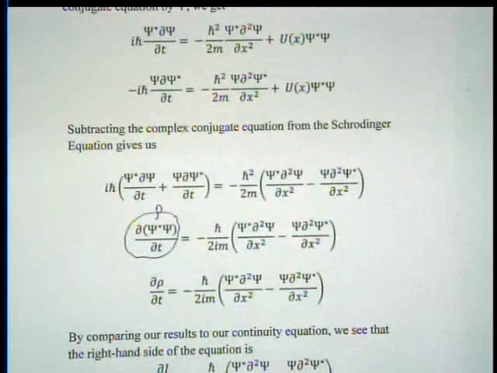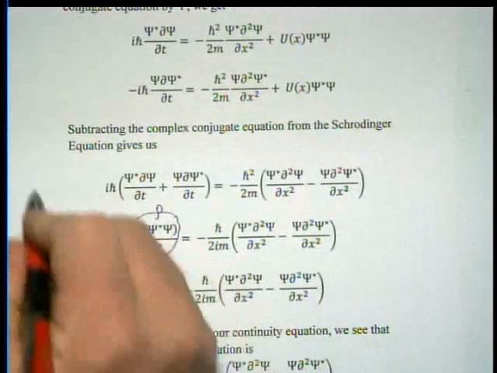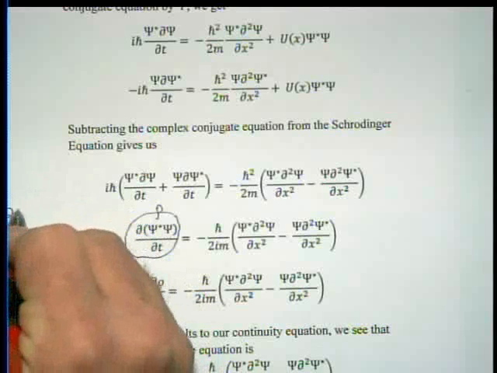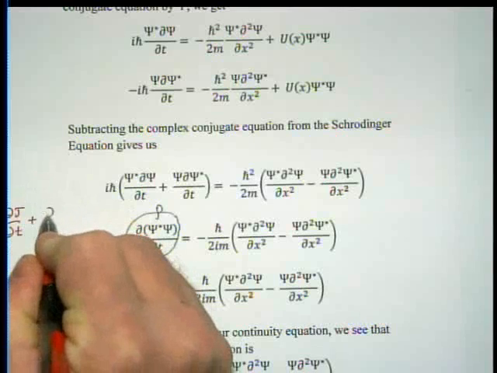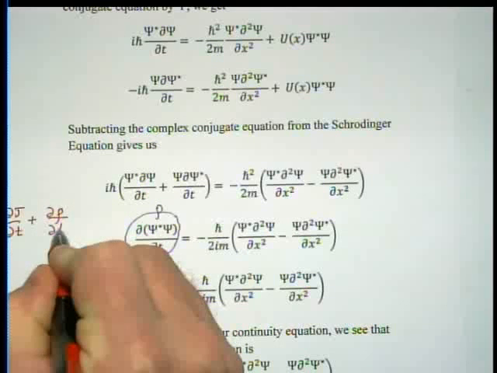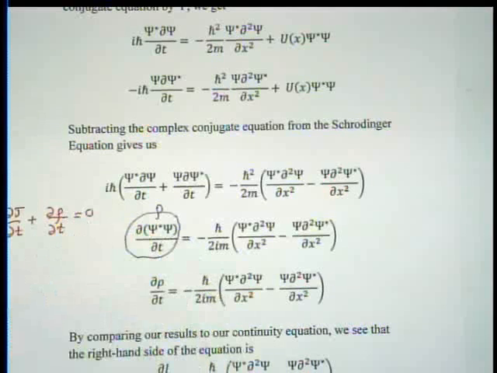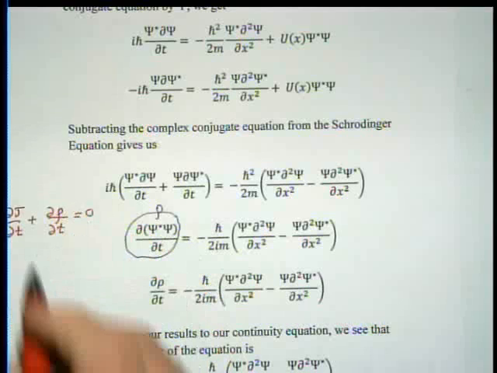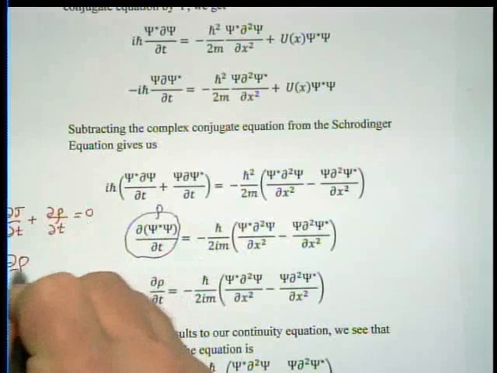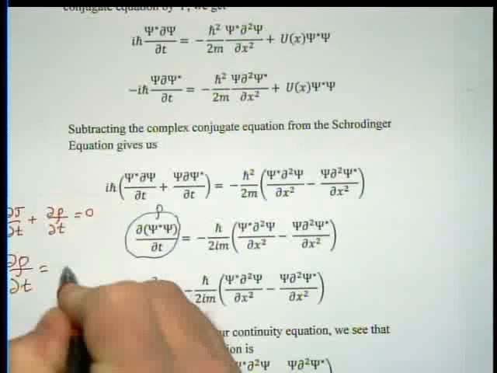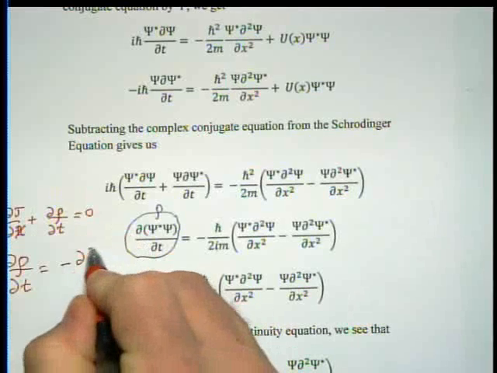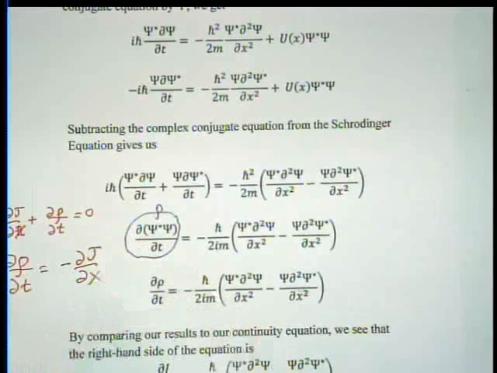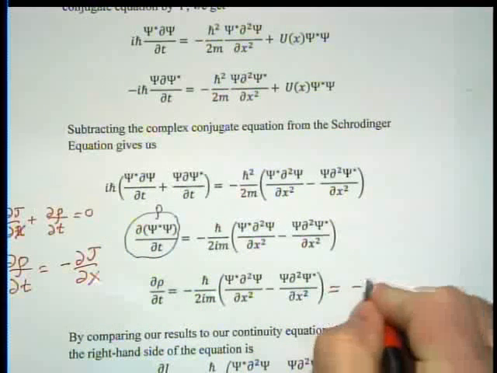I found that part. And what's that equal to? Well, let's go back. dj dx plus d rho dt is 0. So d rho dt, therefore, must be minus d, I'm sorry, that's an x, must be minus dj dx.